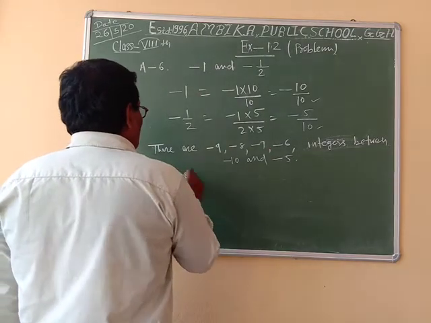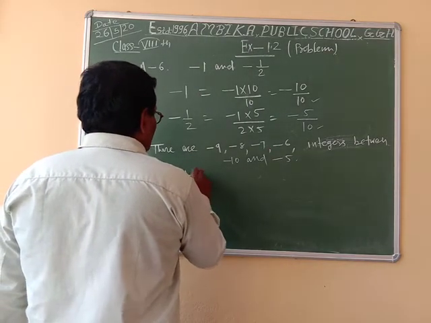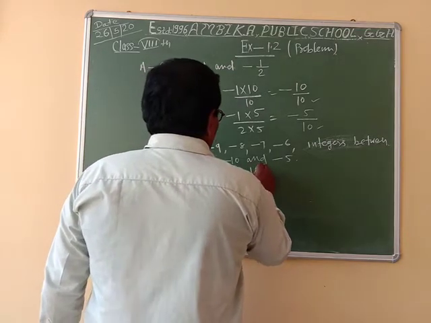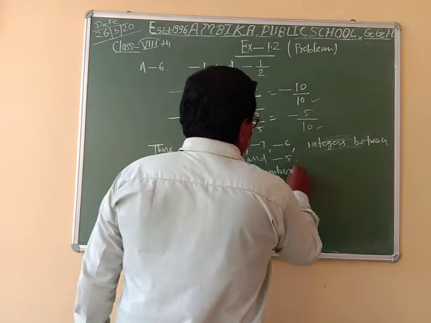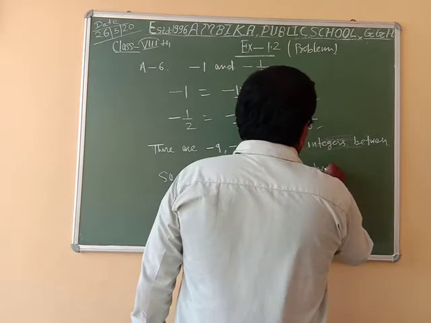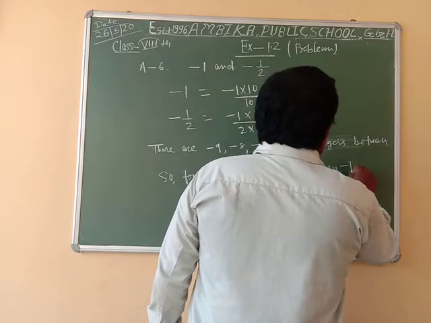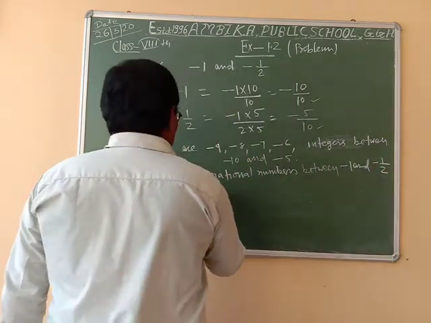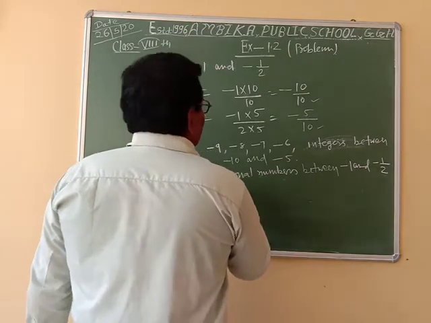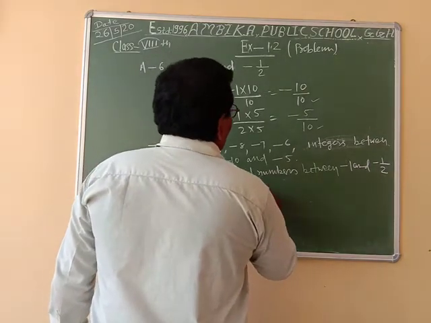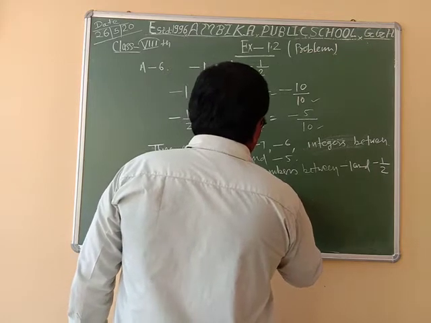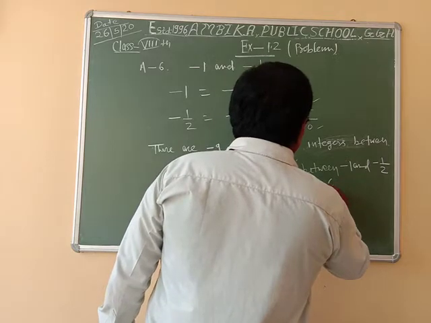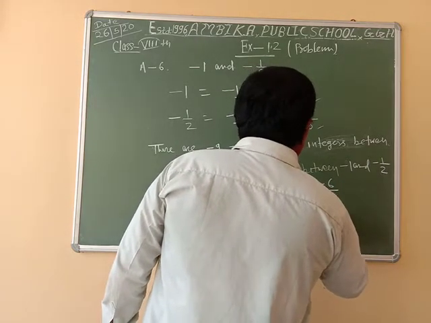So four rational numbers between minus 1 and minus 1 by 2 are minus 9 by 10, minus 8 by 10, minus 7 by 10, minus 6 by 10, and so on.